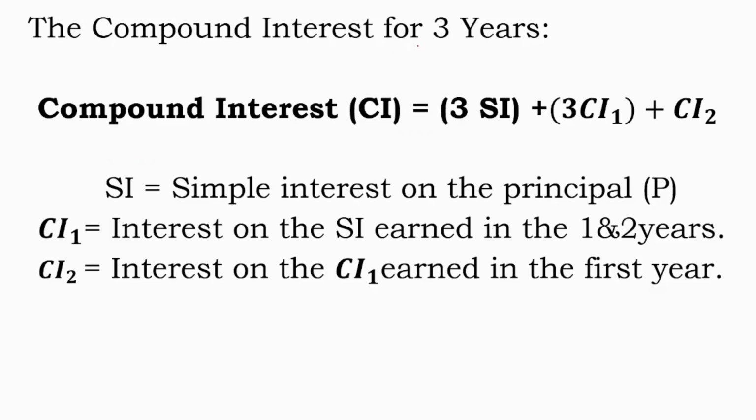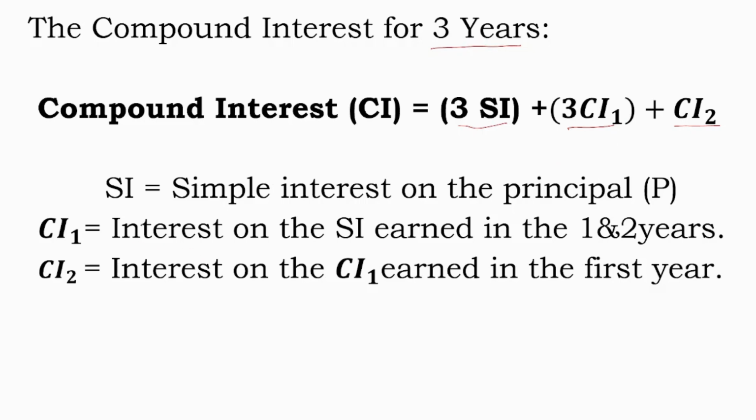If we have 3 years, that is 3 time periods, the compound interest is calculated by 3 into simple interest, plus 3 into CI1, the compound interest imposed for the first time on the simple interest, and CI2, the compound interest imposed on the compound interest implemented for the first time.